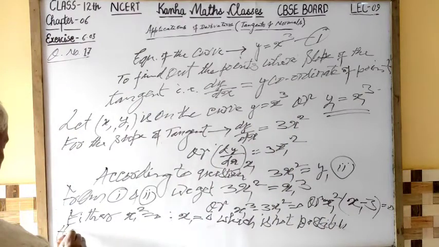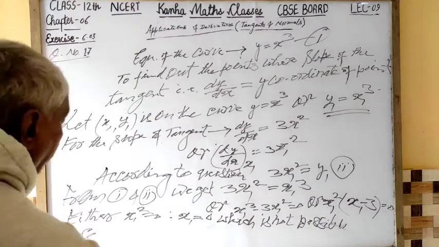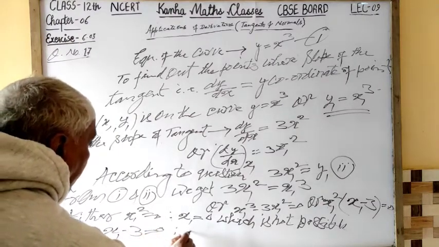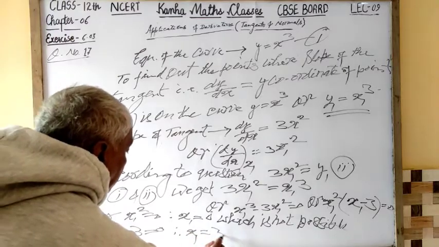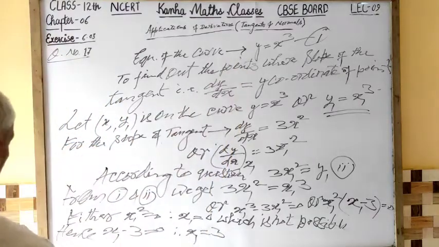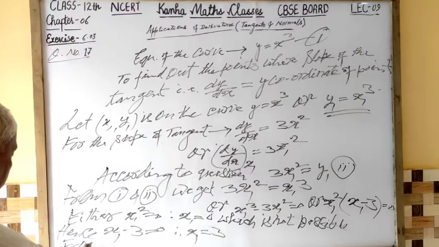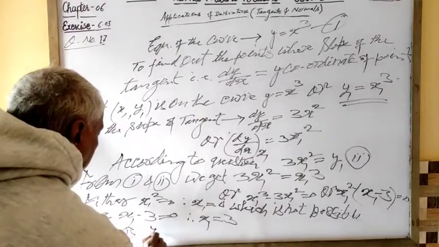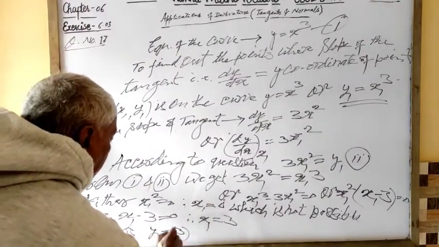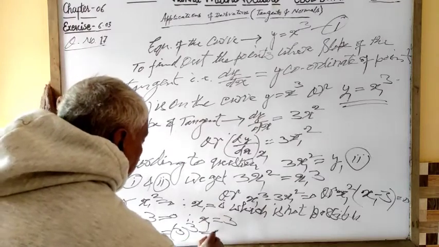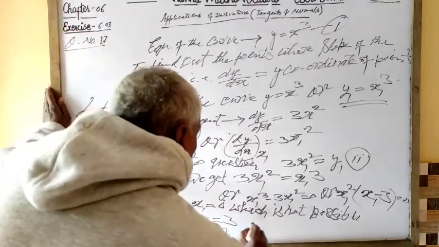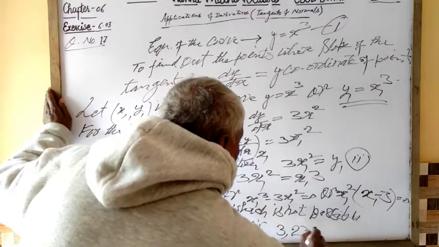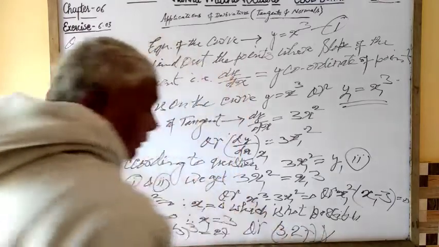Hence x1 minus 3 is equal to 0, hence x1 is equal to 3. From equation 1, y1 is equal to 3 cube, means 27. The requisite point is (3, 27). This is the requisite answer.